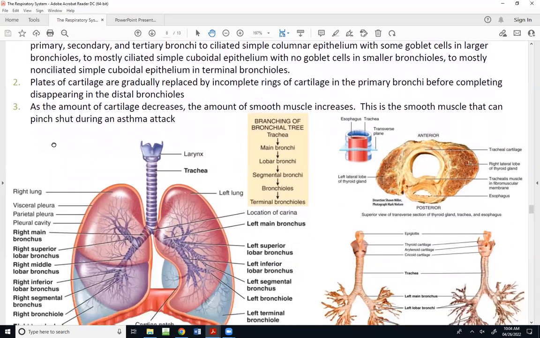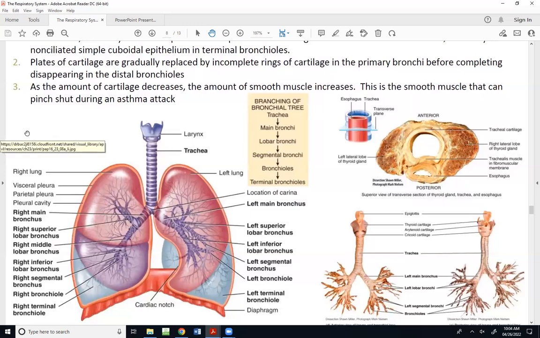Okay. Now, also plates of cartilage are gradually replaced by incomplete rings of cartilage in the primary bronchi before they completely disappear in the distal bronchioles. And as that amount of cartilage decreases, the amount of smooth muscle increases, which therefore allows for easier control of the airway size through contraction or through relaxation.